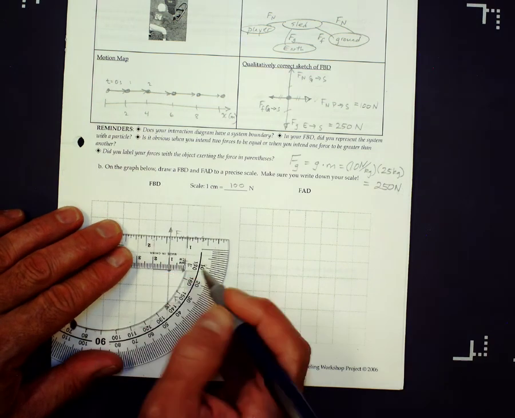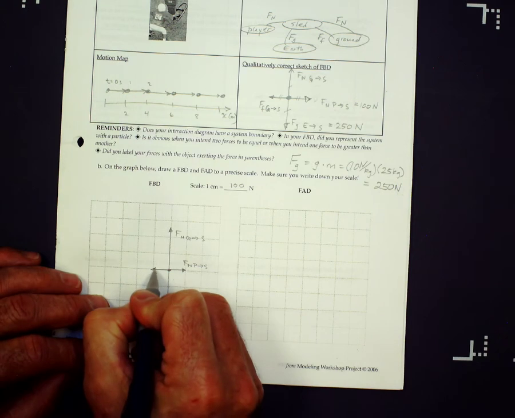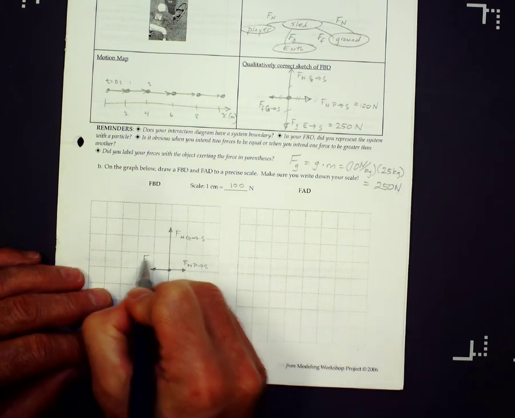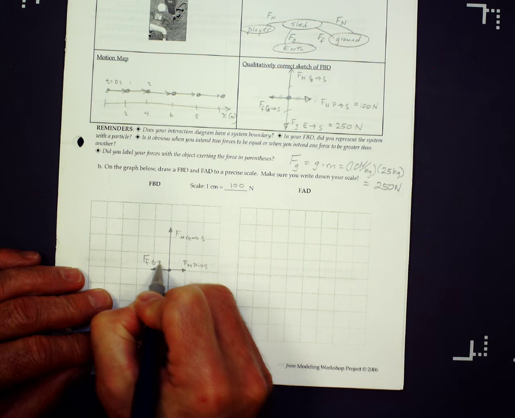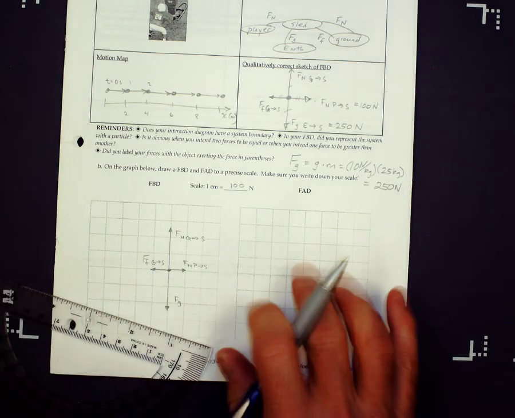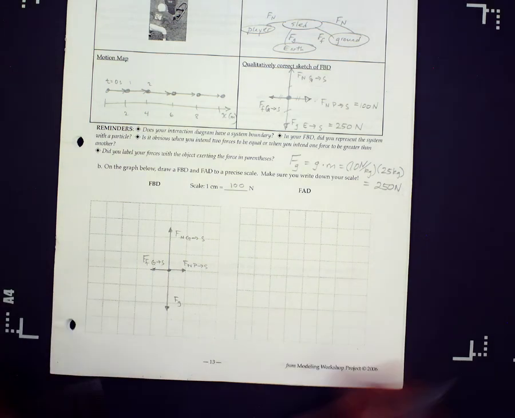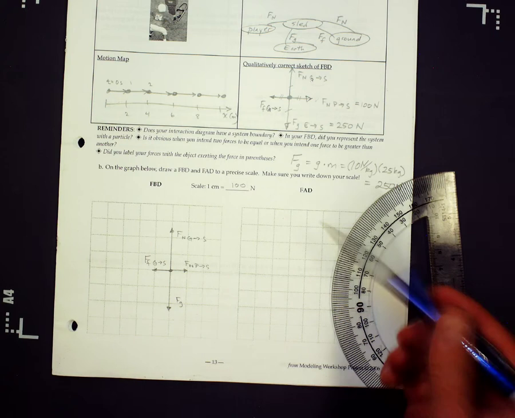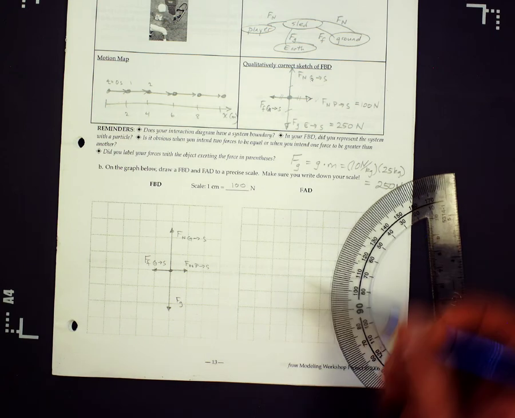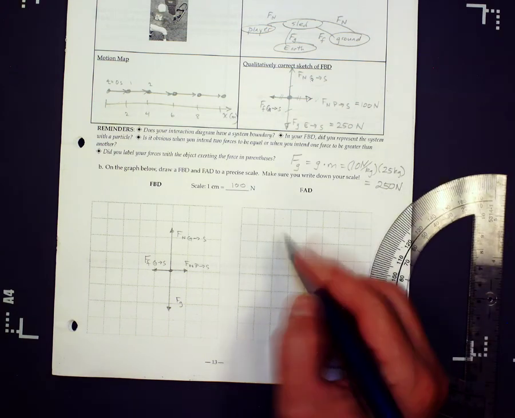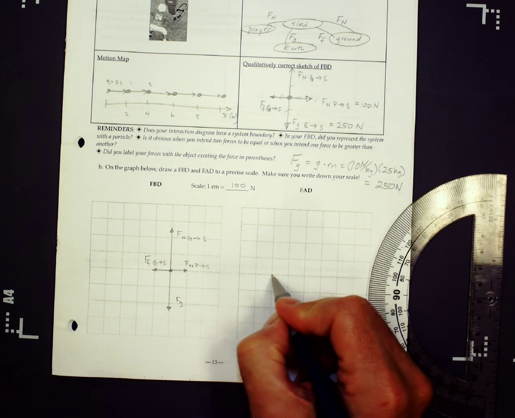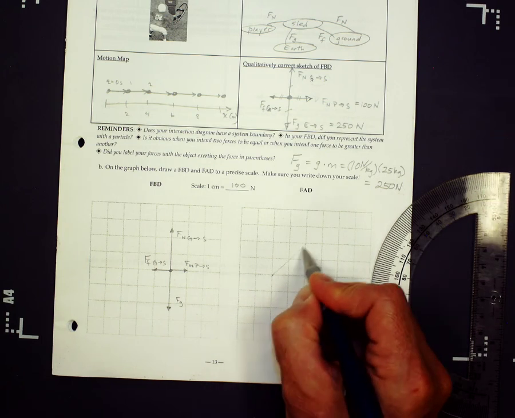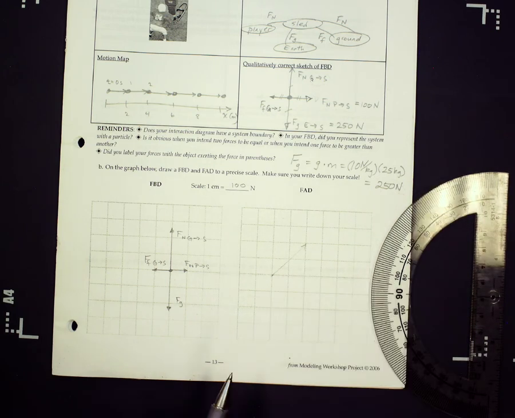But what if all the arrows didn't point in really nice, neat directions? That's what the force addition diagram is going to do for us. So let's think about how we want to draw these force addition diagrams. If we think about one of the common vectors, a displacement vector, that is, if I start here and I walk to here, I would represent that trip with a vector like that, right?